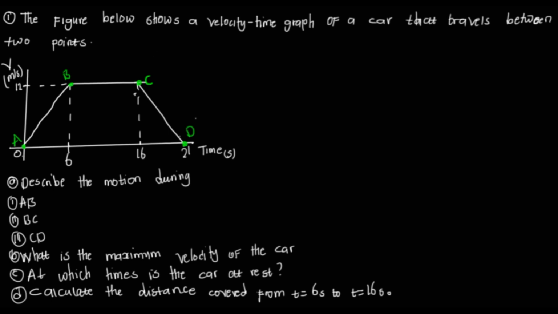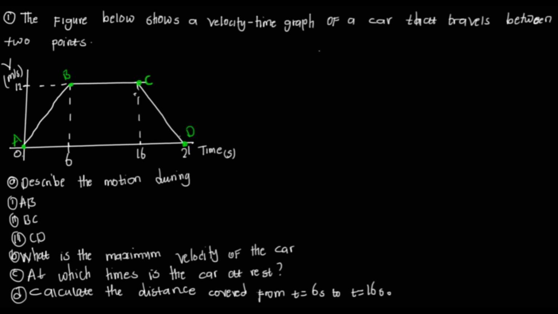From point A to B we have a straight line moving upward. B to C is a straight line parallel to the x-axis. CD is a straight line that is moving down.